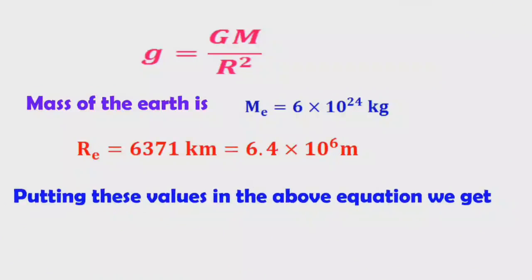By substituting these values in the above equation, we get small g is equal to 9.81 meter per second square or 981 centimeter per second square. Remember the small g value also. This is also very important.